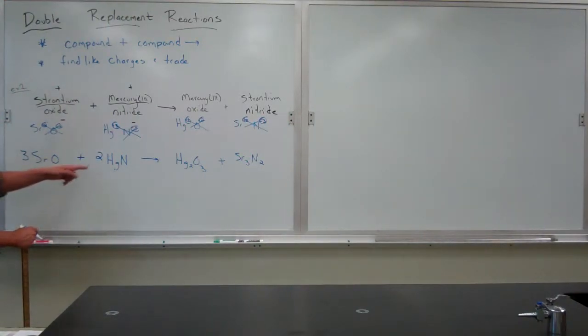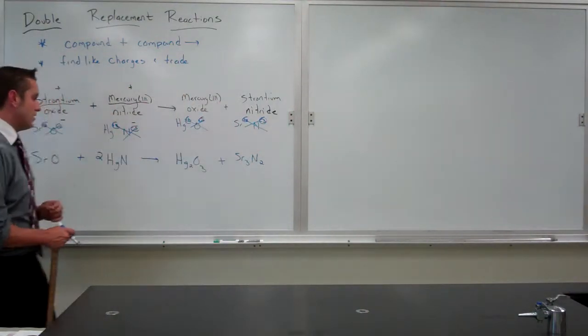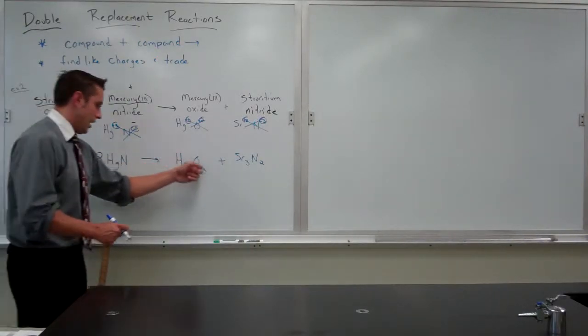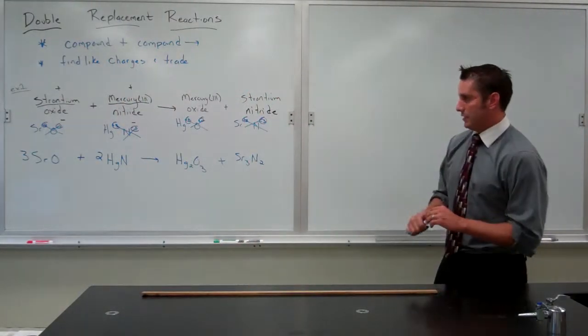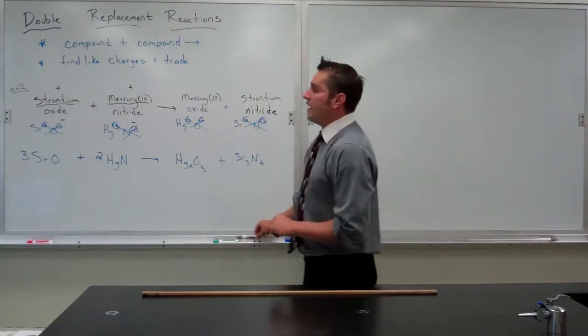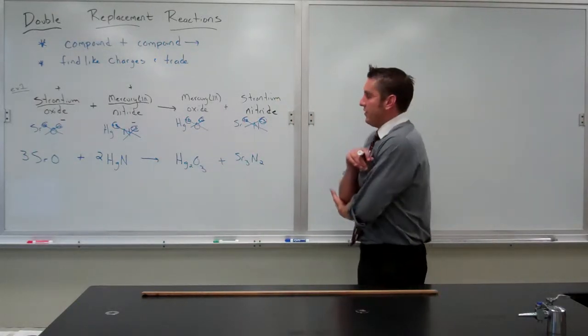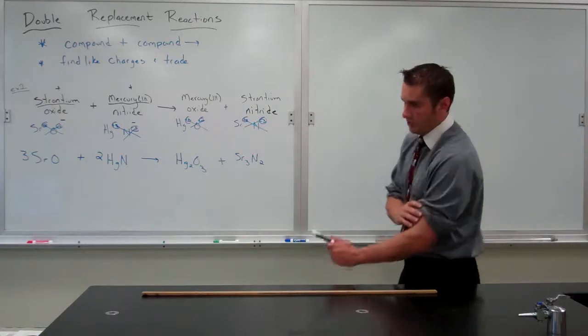Now we take a look at nitrogen. 2 times N here is 2 Ns. 1 times 2 N, 2 Ns, so we're good. And then lastly, oxygen. 3 times an O here is 3. 1 times 3 O's is 3. That equation is balanced. So the idea is find like charges and trade them. No worries about the activity series. And then you simply have to write and balance the equation.